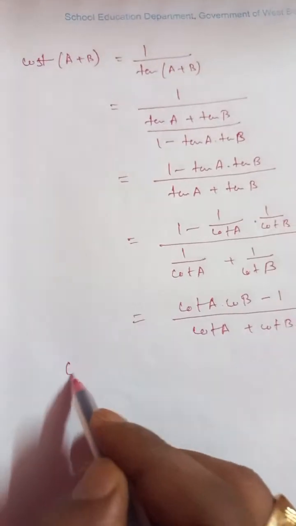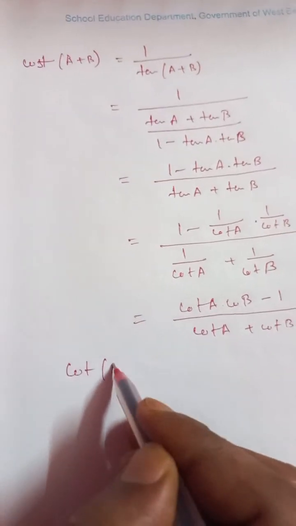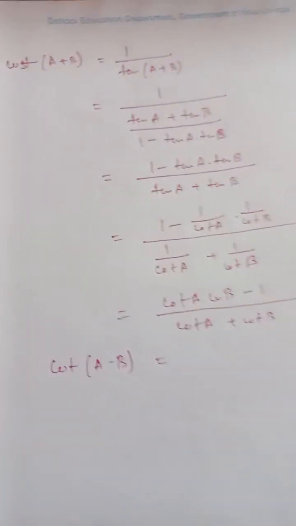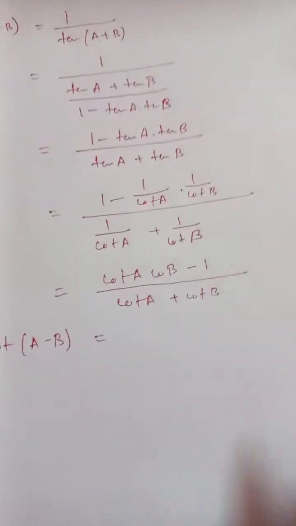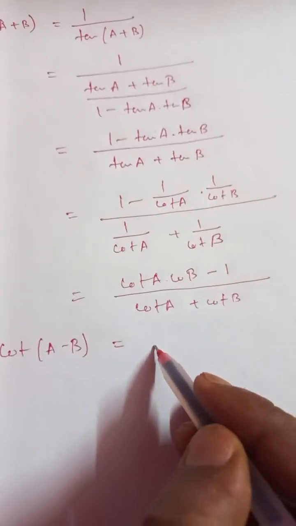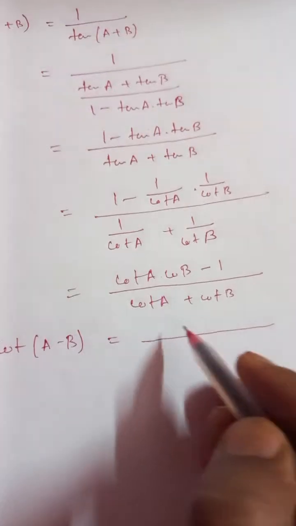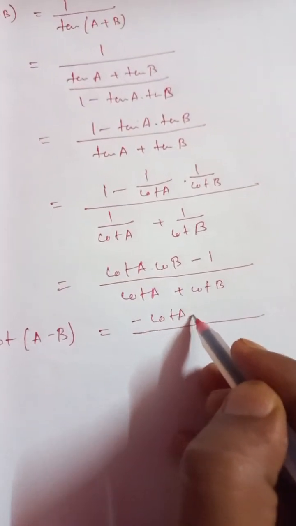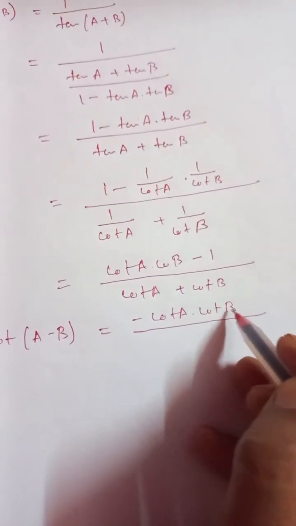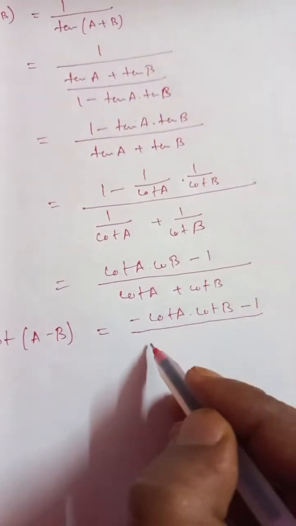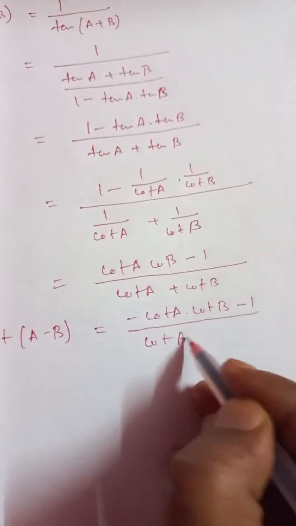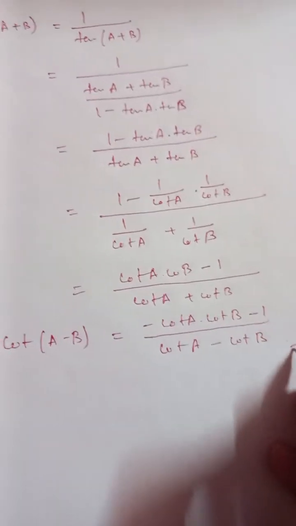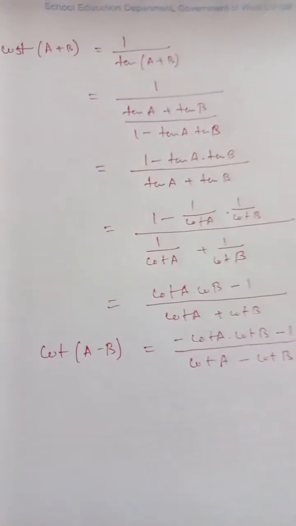So cot(a minus b), in the fourth quadrant, again cot is also negative. So this will be minus cot a cot b minus 1 by cot a minus cot b. So you have to remember this to solve any problems.